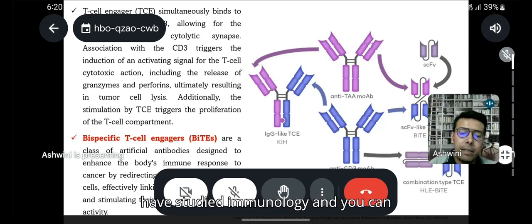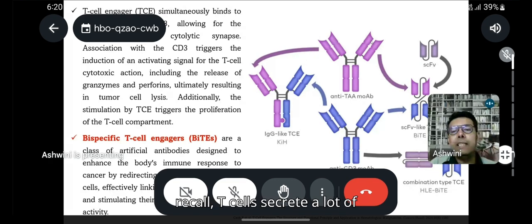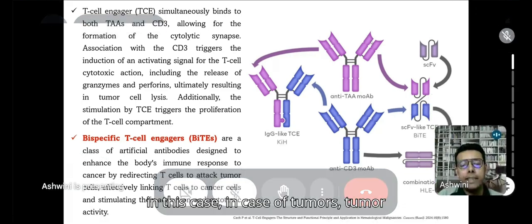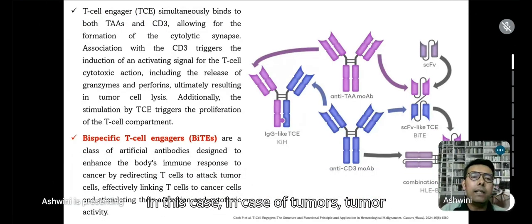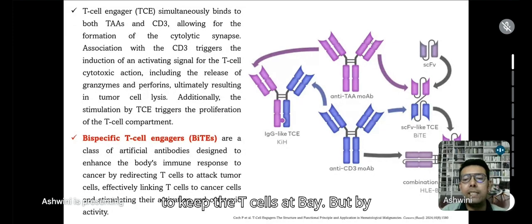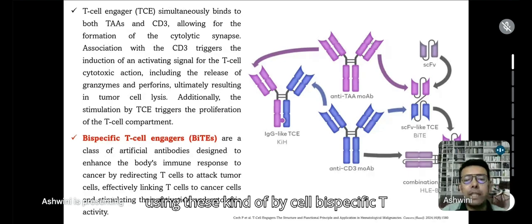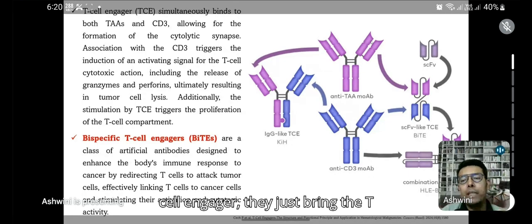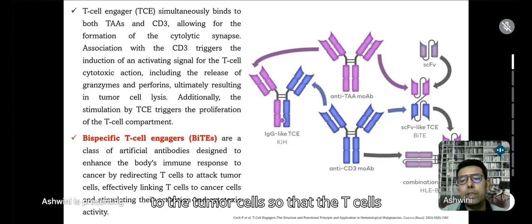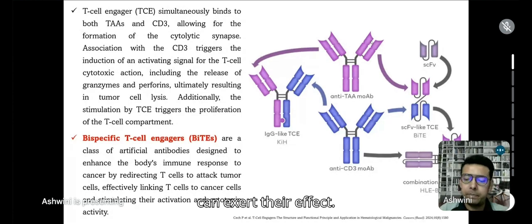If you have studied immunology, you can recall that T cells secrete a lot of cytotoxic cytokines, but in case of tumors, cancer cells find ways to keep the T cells at bay. By using these bispecific T cell engagers, they just bring the cytotoxic T cells close enough to the tumor cells so that the T cells can exert their effect.